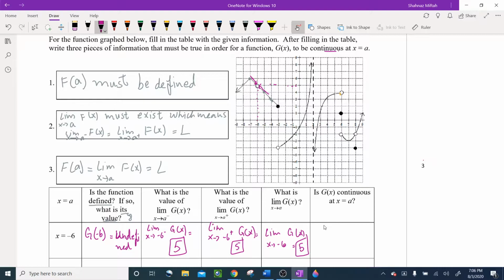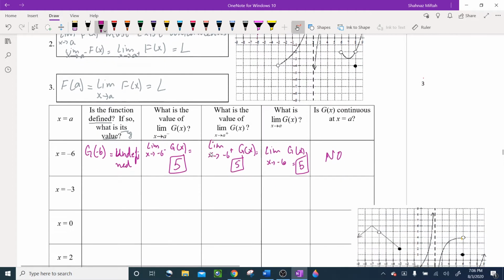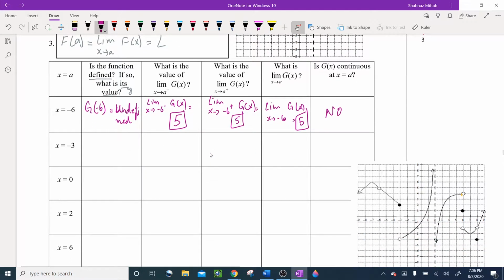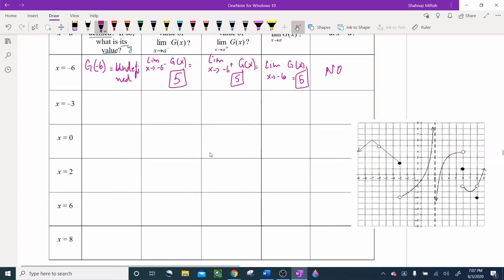Is g of x continuous at x equals negative 6? No, because these two conditions are not met. I can meet only the condition that the limit exists, but not the first and third. So it's not continuous. And you can tell it's not continuous. It's a hole, guys, right there.